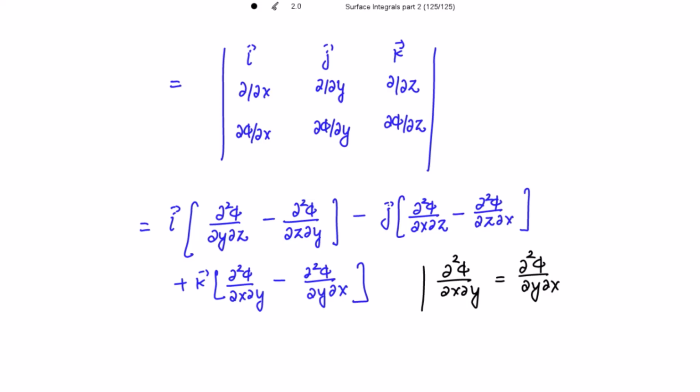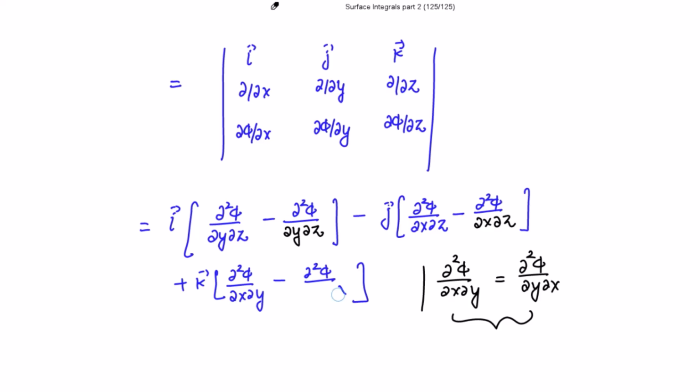These two are equal. So we can write partial derivative of phi with respect to z and y as with respect to y and z. Similarly, partial derivative of phi with respect to z and x can be written as partial derivative of phi with respect to x and z. The result will be the same.